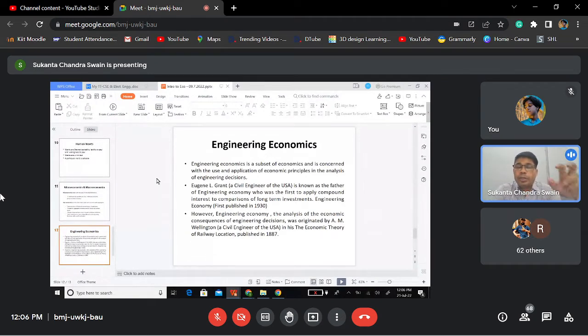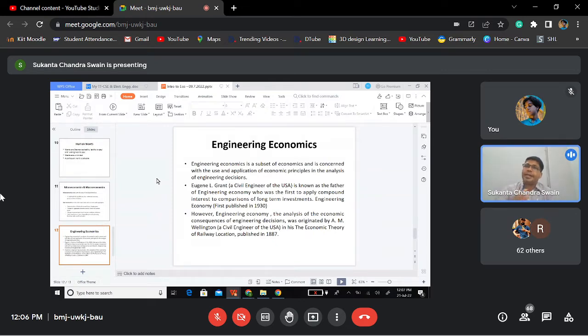So coming to the origin of this particular course, engineering economics, a civil engineer, A.M. Wellington, a USA-based civil engineer, in fact introduced this concept first in the railway location in 1887.